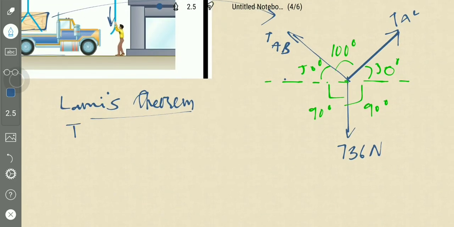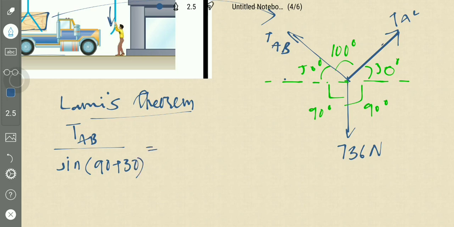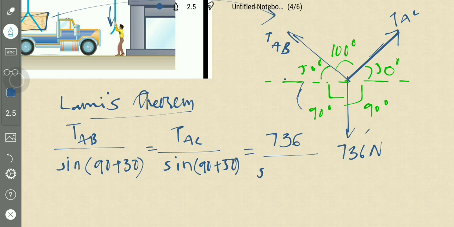TAB divided by sine of 90 plus 30 is equal to another force TAC divided by sine of, opposite angles are 50 and 90, 90 plus 50, and another is force 736, which is weight of the block, divided by sine, opposite angle is 100 degrees, sine 100.